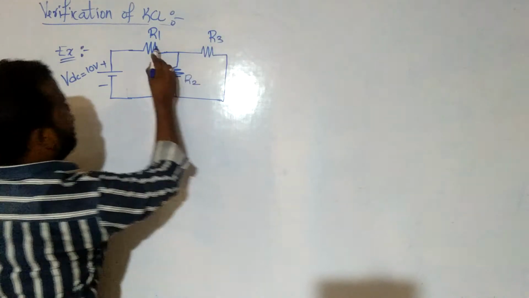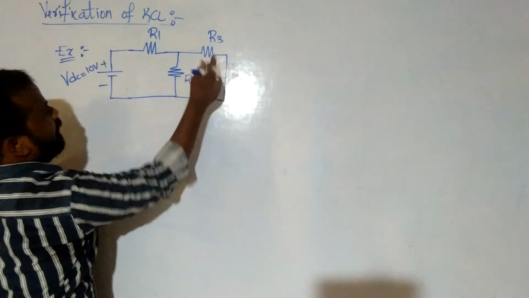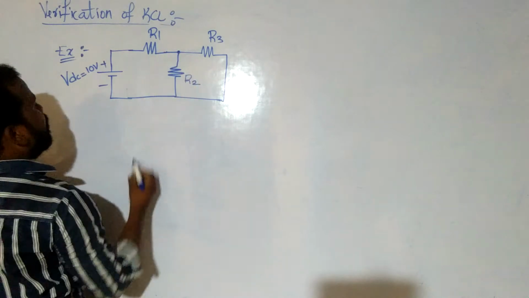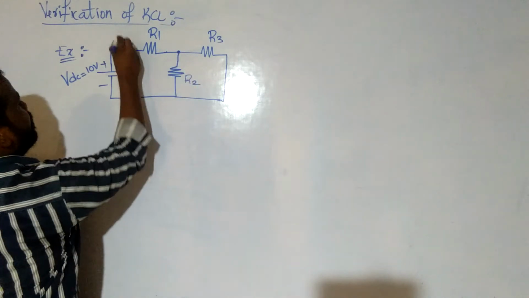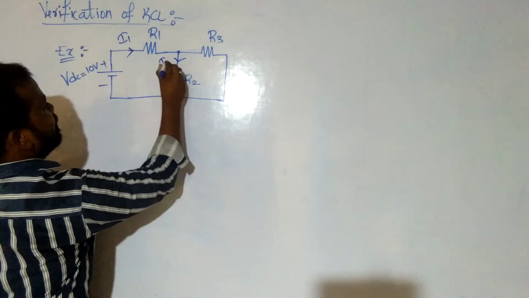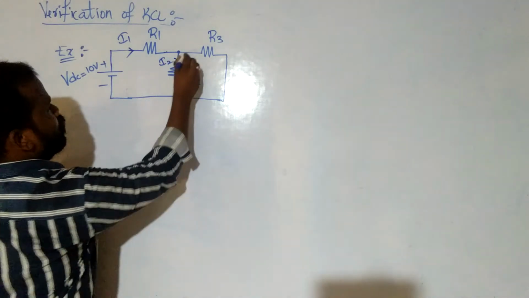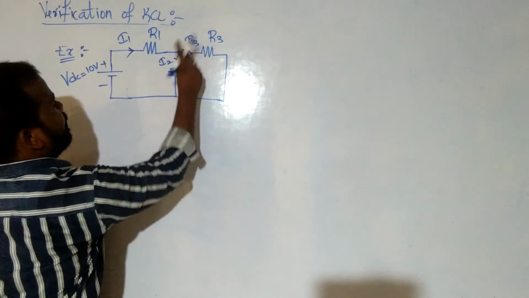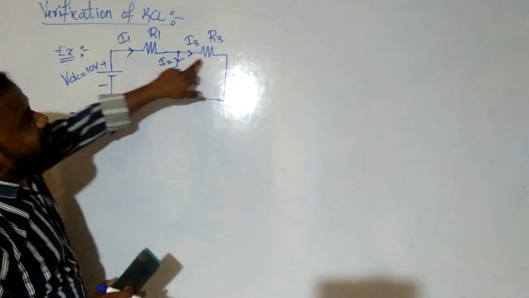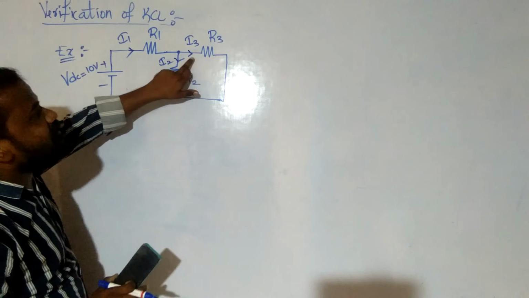So R1, R2, R3. Now this is the junction point. The current flowing in resistance R1 is I1, the current flowing in resistance R2 is I2, and the current flowing in resistance R3 is I3.